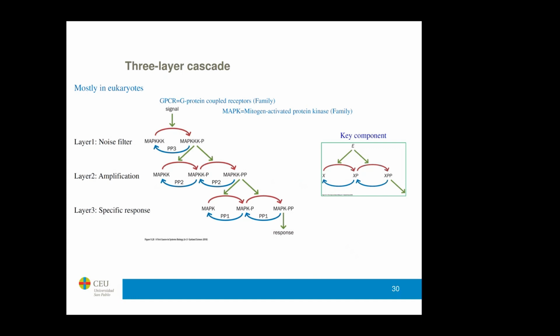And this amplification is made by these loops. This kind of module is very typical in signaling systems in eukaryotes, where you have a protein that can phosphorylate twice, and once it is phosphorylated twice, it connects with the next layer.